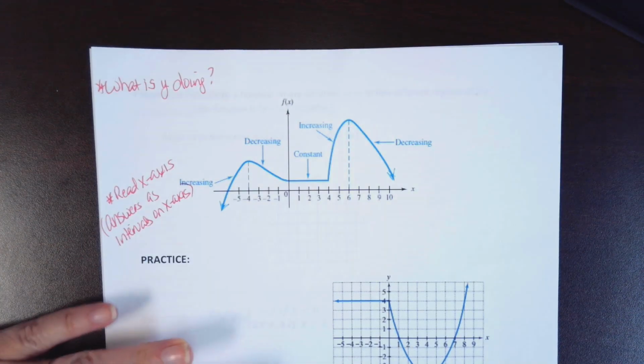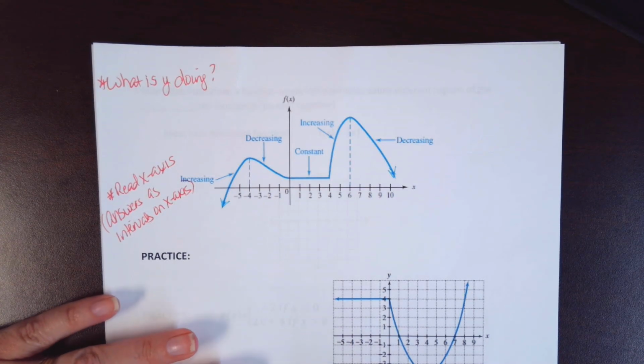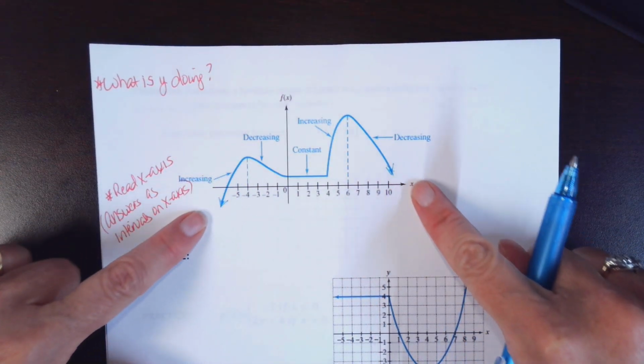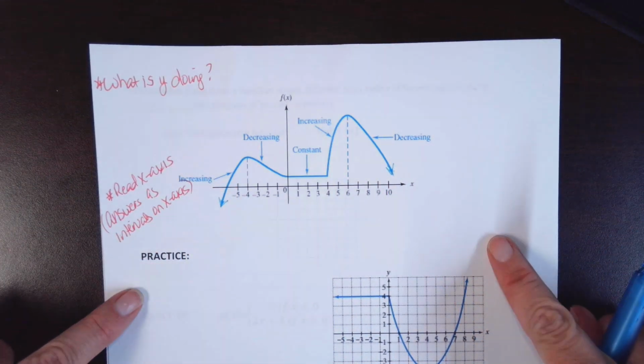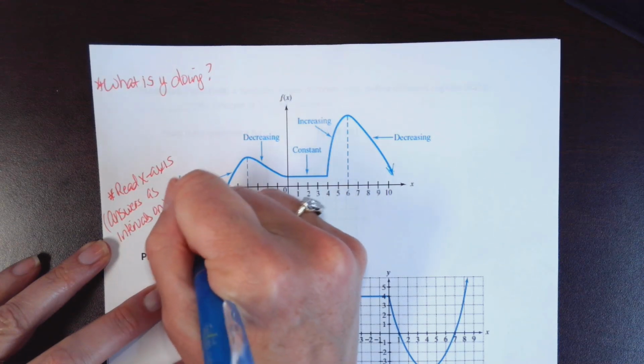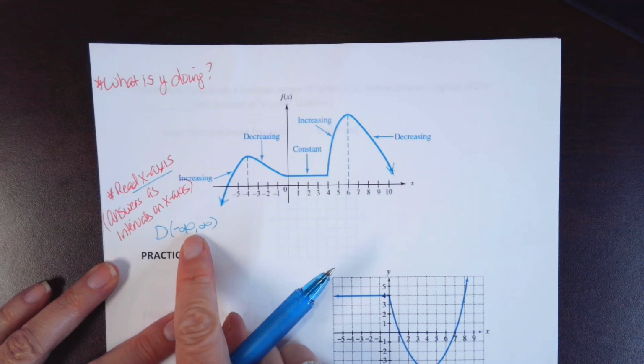Now, my answers need to include all of the x-axis that's included in my function, so I need to think about my domain. And I see that because this function is going out, out, out, out, out, my domain is going to be all real numbers. So when I answer with intervals on the x-axis, my intervals need to end up including all real numbers.